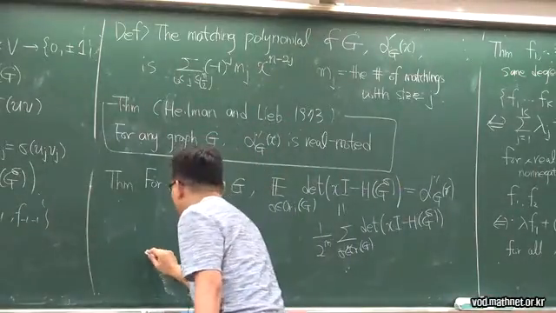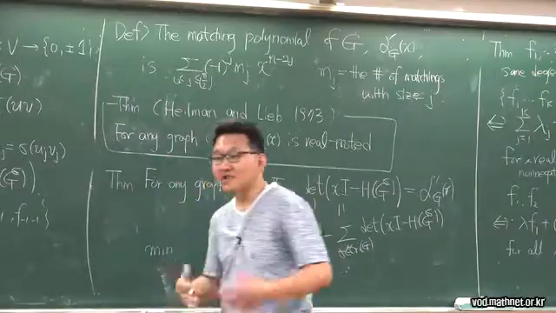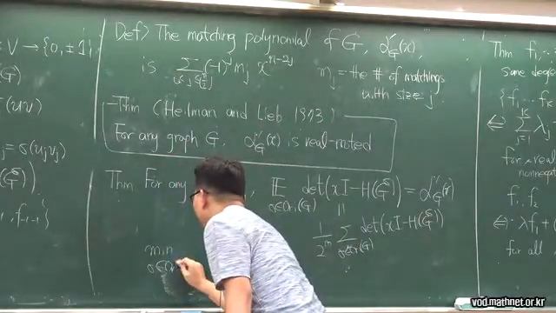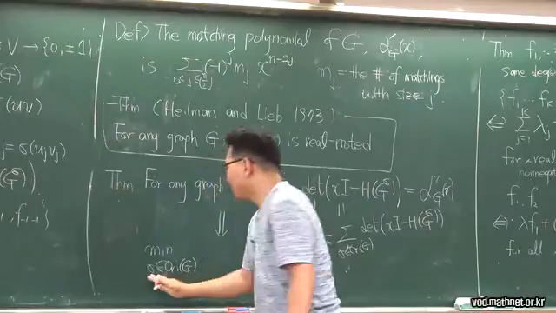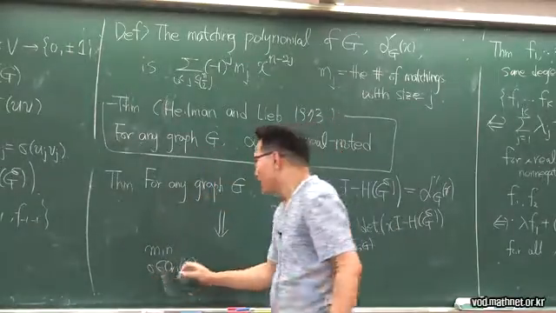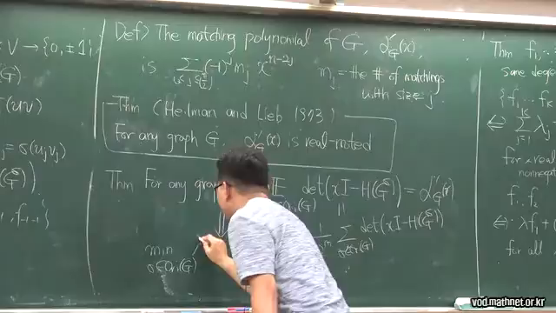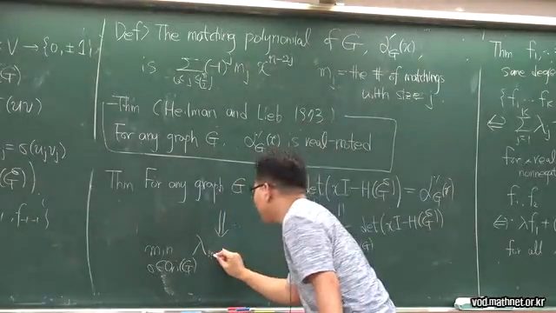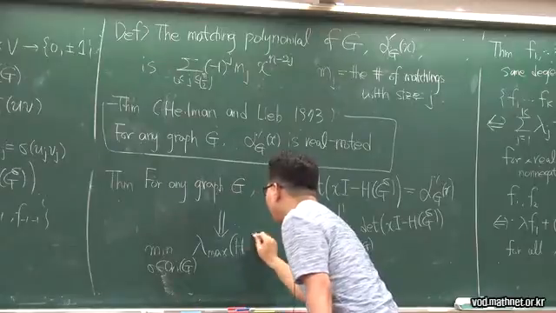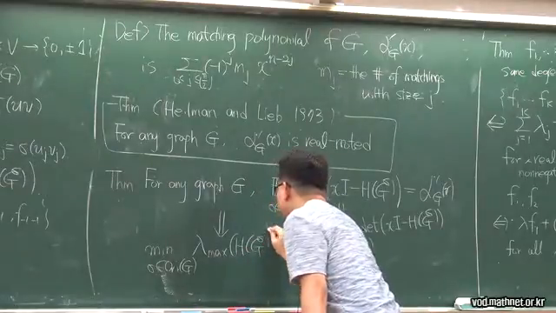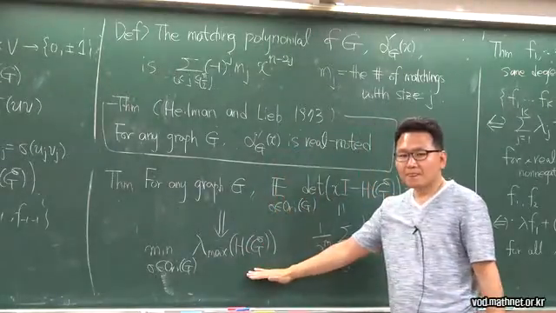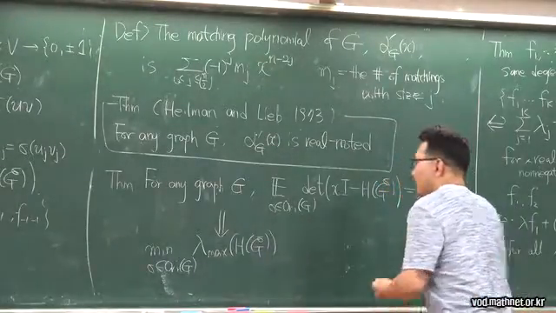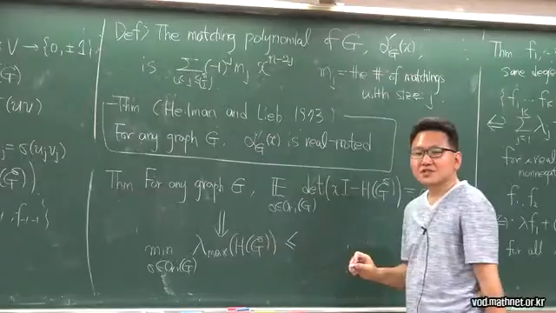So you can think about the minimum, because it exists, over all orientations. So this is the largest eigenvalue, say lambda max. This one is at most.